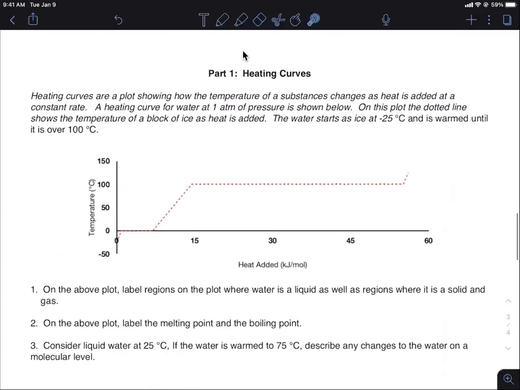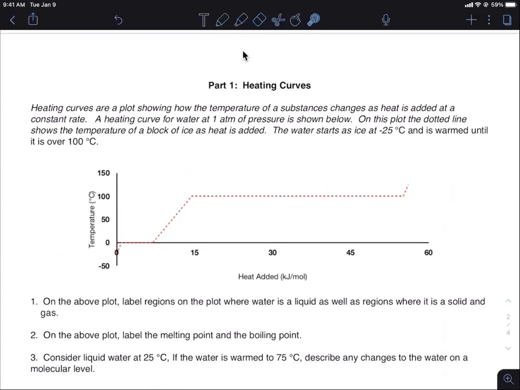I'm going to scroll back up on the worksheet. If we remember, we're starting here at negative 12 degrees, and we want to warm that block of ice until it gets to about 24 degrees. So we're going here on the curve. We need to go through 3 steps. We need to calculate how much heat it takes to warm the solid to the melting point.